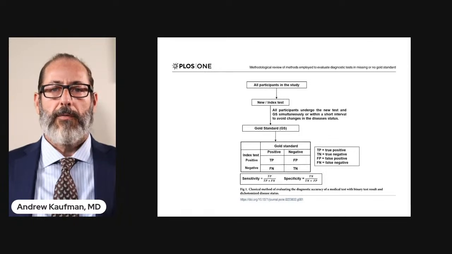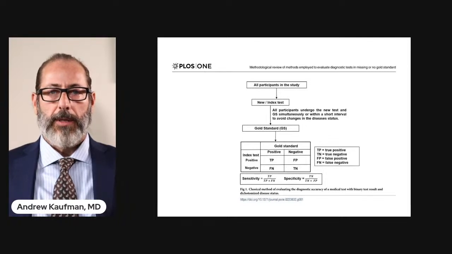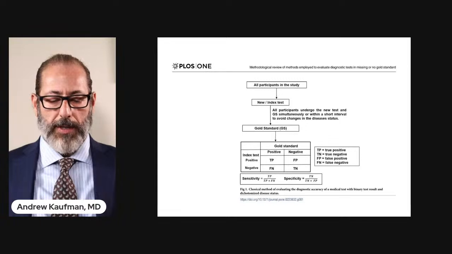So let's say, for example, that we wanted to use this procedure to validate the PSA test, the prostate specific antigen, which is a very commonly used screening test for prostate cancer.